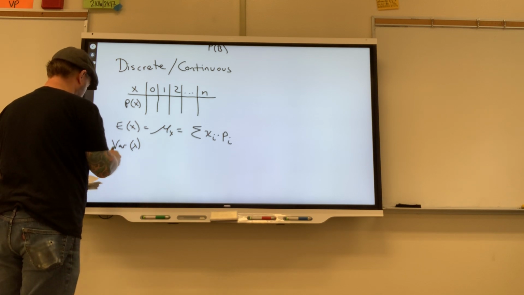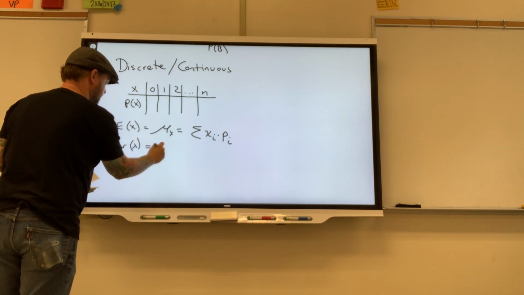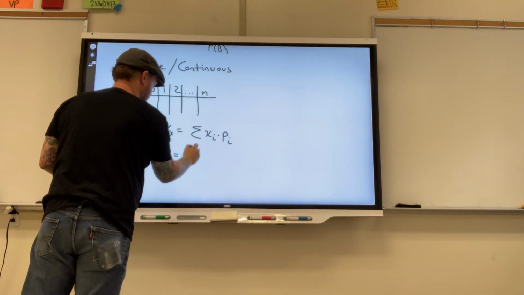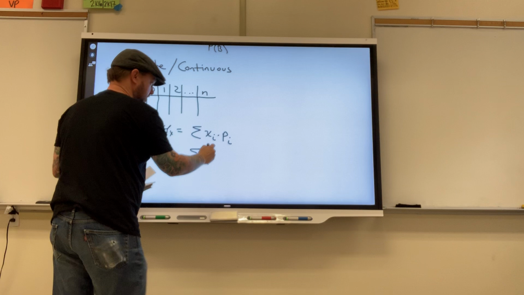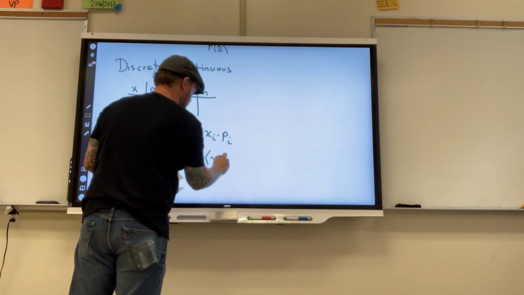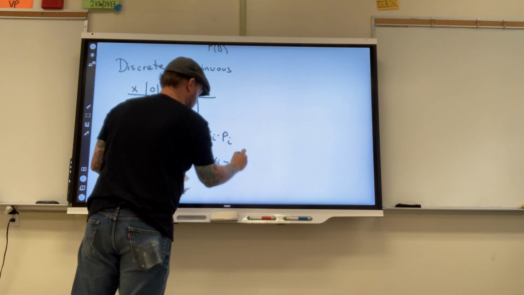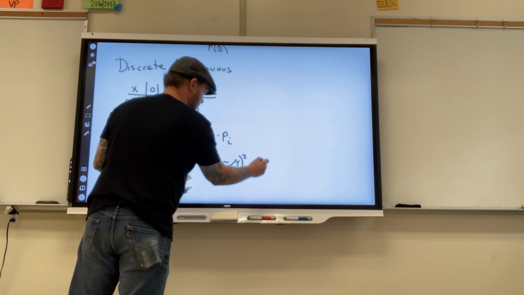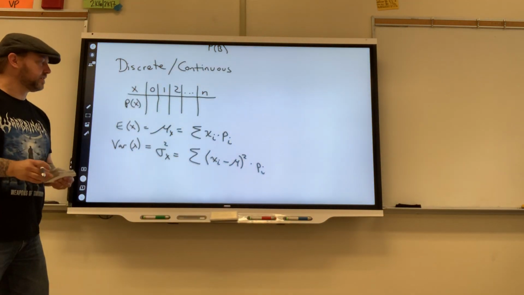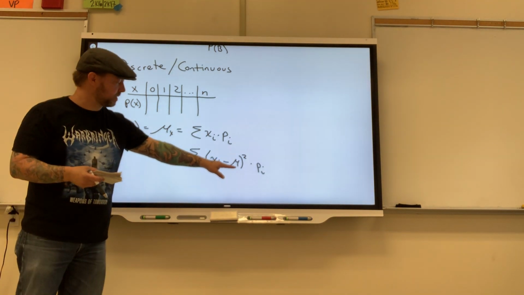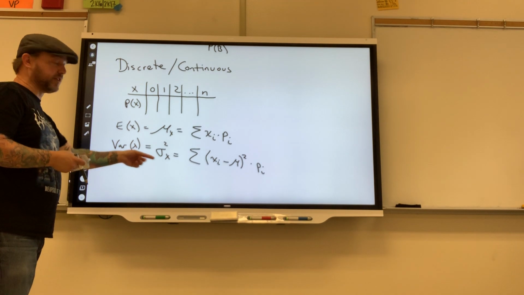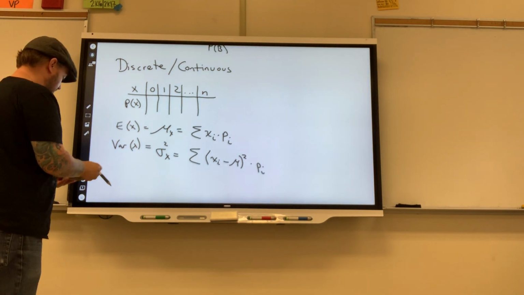The variance is going to be the sum of each individual x minus the mean, squared, times its probability. Standard deviation, obviously, is the square root of the variance. Okay.